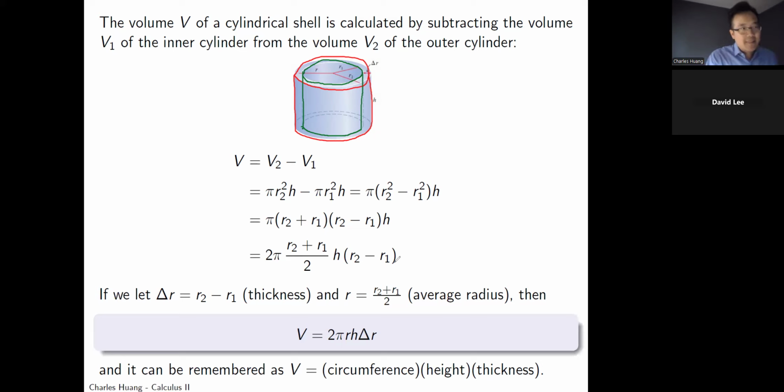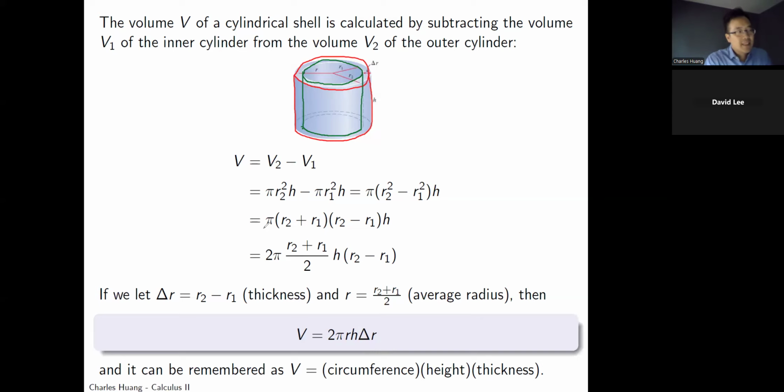You'll notice that this part is the thickness. This part is how thick the cylinder is, how wide my cylinder is. And if I'm talking about how wide I move across as I do the next slice, we will end up calling this dr or dx or dy, right? So we'll call this d something.